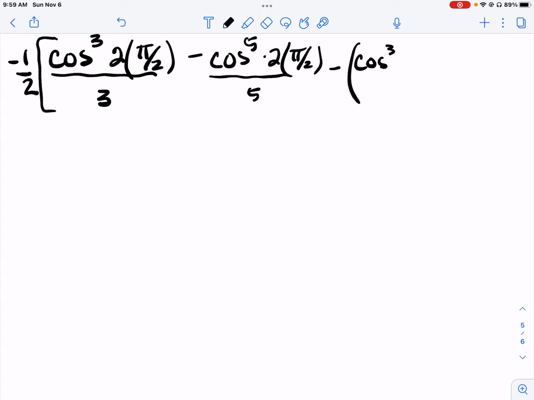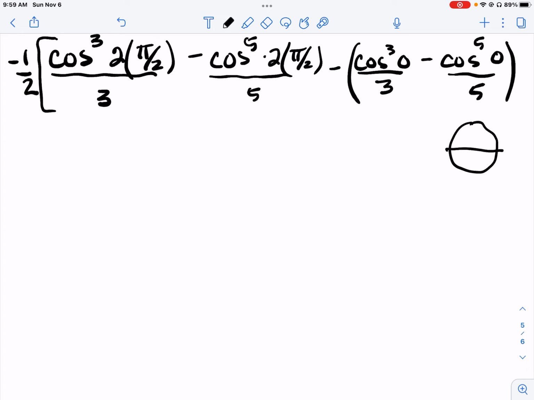Now I'm going to go ahead and multiply the 2 times 0, which is 0. Okay, it's 2x, but we're plugging in 0 as our second limit. So the cosine of 2 times 0 is cosine of 0. Okay, here's 0 and 2 pi. Those are the same thing. The coordinates 1, 0. So this is negative 1/2.